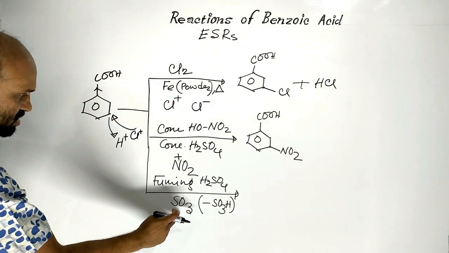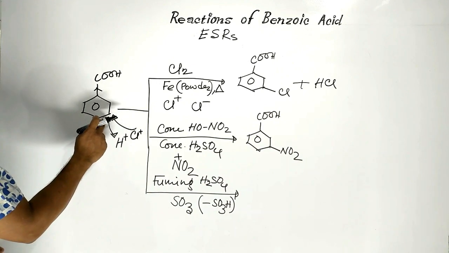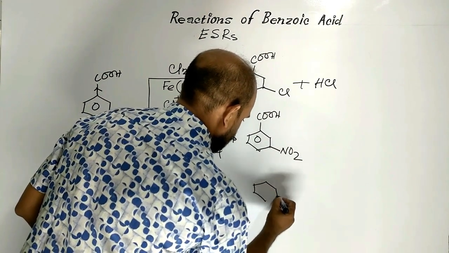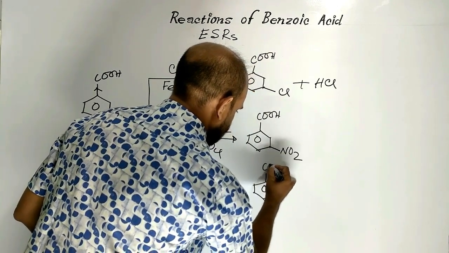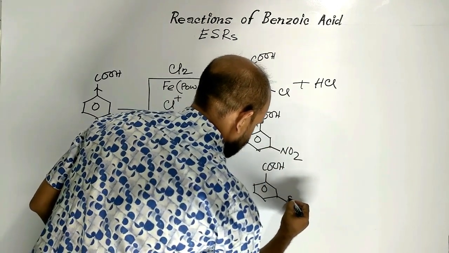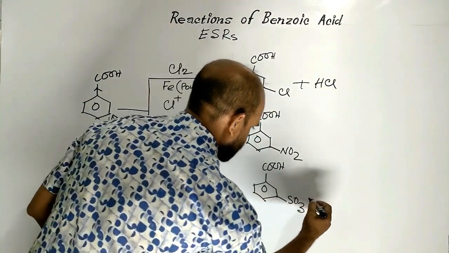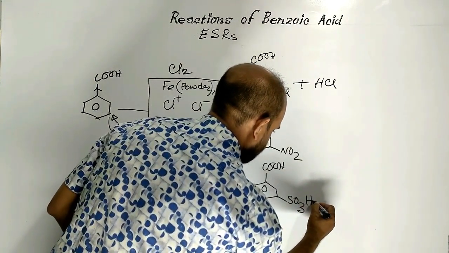Now, this neutral electrophile sulfur trioxide attacks meta position to form this product, sulfur trioxide, that ultimately changes to sulfonic acid group.